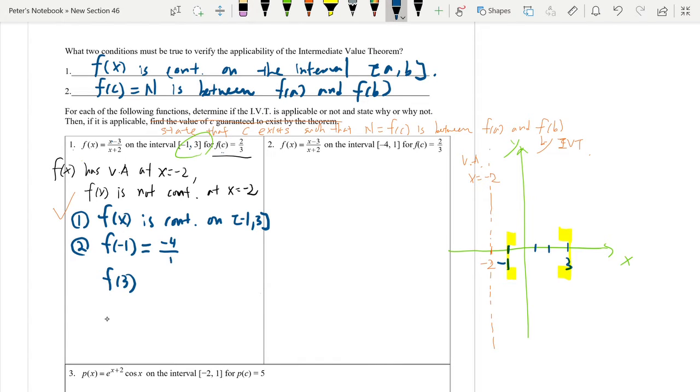So -4 over 1, which gives you -4, which means it is going to be here: -1, -2, -3, -4. So I have -1 and -4 right there, right?